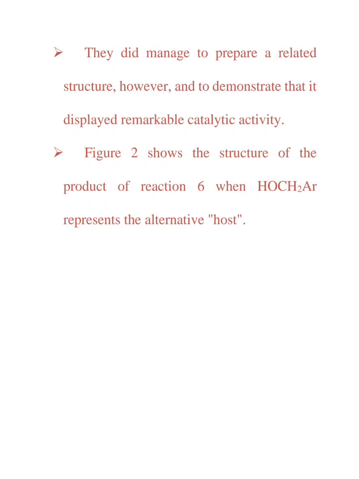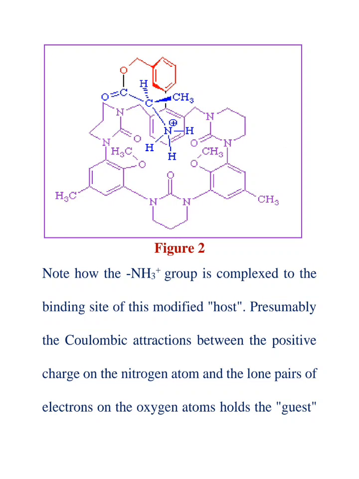Figure 2 shows the structure of the product of reaction 6 when HOCH2Ar represents the alternative host. Note how the NH3+ group is complexed to the binding site of this modified host.